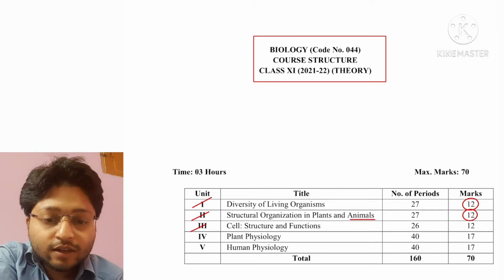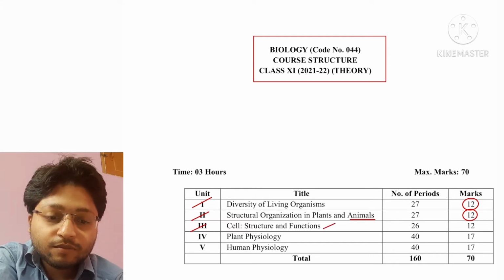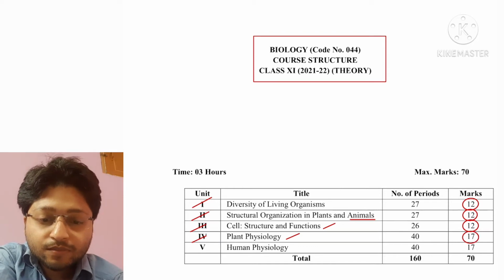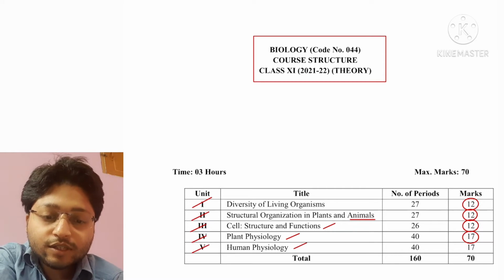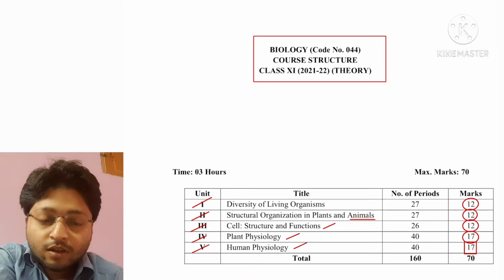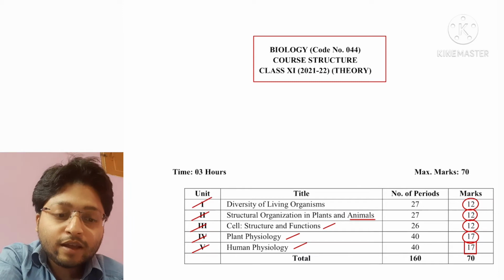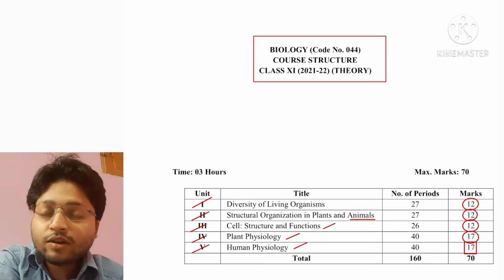In unit 3 there is cell structure and function. It also carries 12 marks. In unit 4 there is plant physiology. It carries 17 marks. And in the 5th unit there is human physiology and it also carries 17 marks. So in this way these 5 units make the 70 marks in your theory.